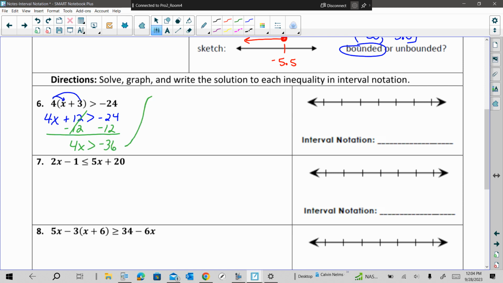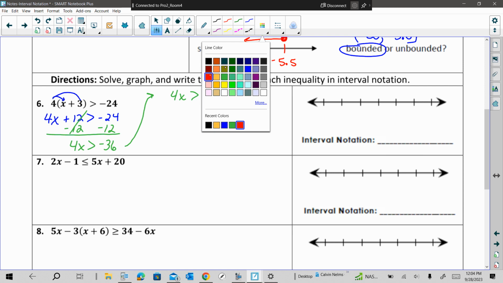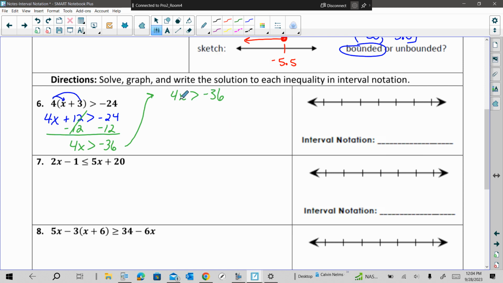Next, we have a coefficient, a number in front of this x, which is 4. We need to divide both sides by that coefficient of 4. That's going to cancel that 4, get the x isolated, and it's now greater than -9.